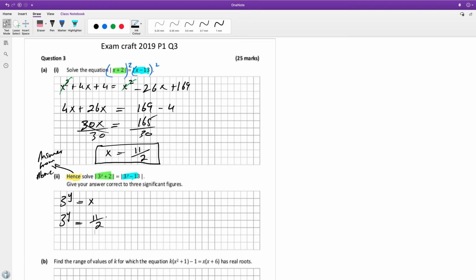When we've our power stuck up in the sky like that, we use our log rule. So that is the log of 11 over 2 to the base 3 is equal to y.